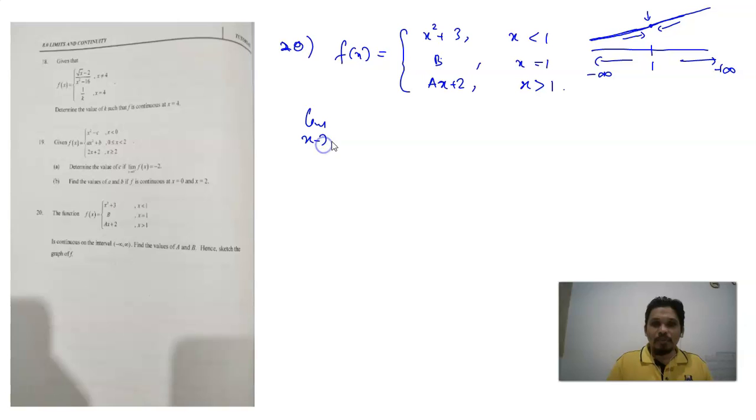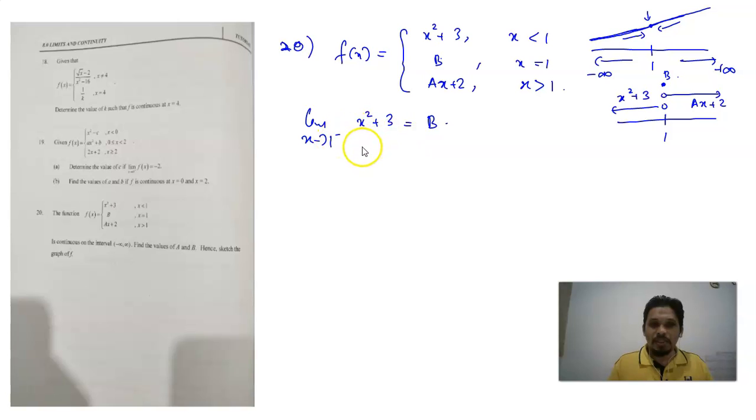If that's so, the limit of x approaching 1 from the left, for x less than 1, is x squared plus 3, and for x greater than 1 it is ax plus 2, and when x is exactly 1, it equals b. So the limit as x approaches 1 from the left of x squared plus 3 equals b.